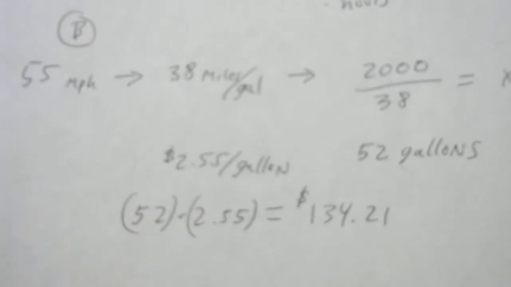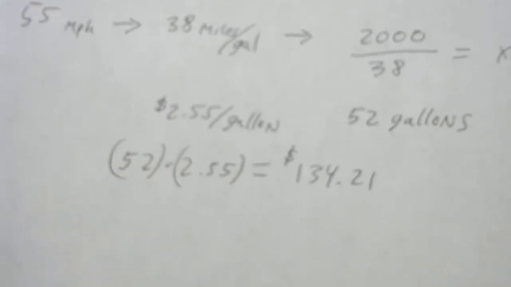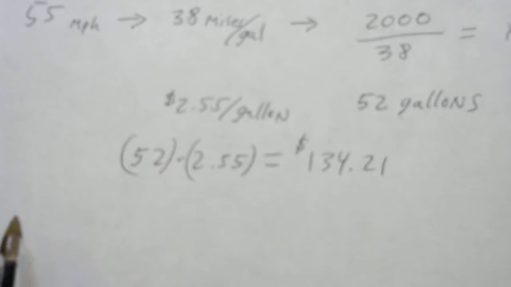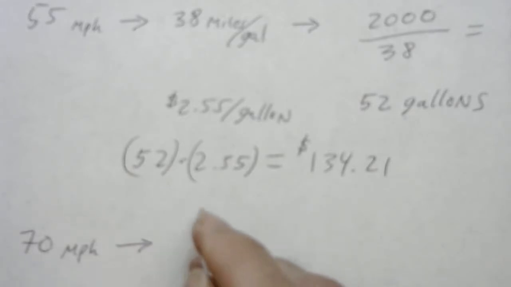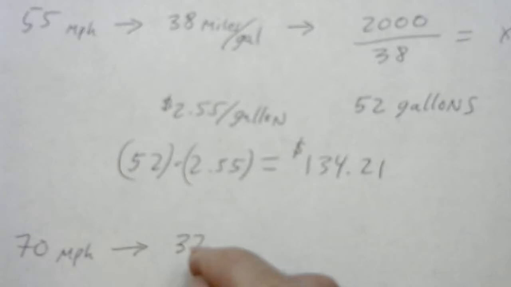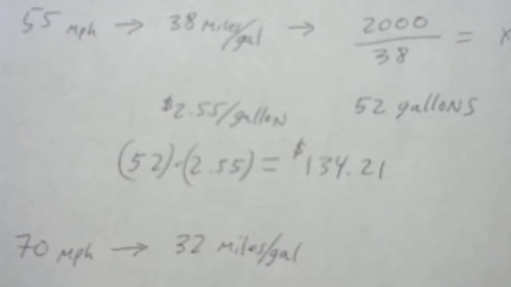But that's not the only thing we're comparing. Let's also compare, supposing I go 70 miles per hour. Now the car gets a little bit less gas mileage, so that only gets 32 miles per gallon. So I'll do 2,000 divided by 32.